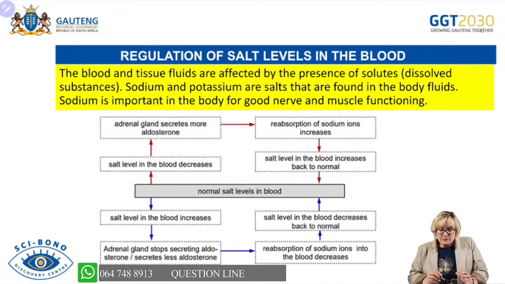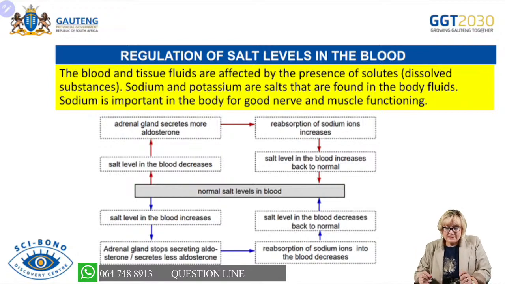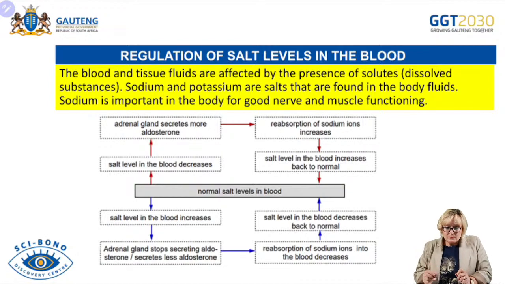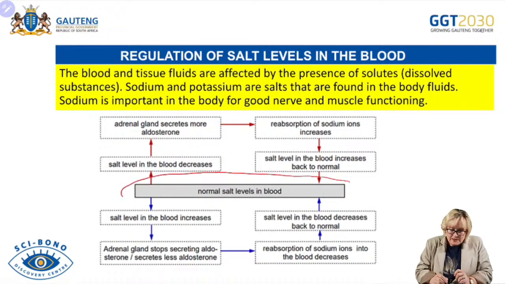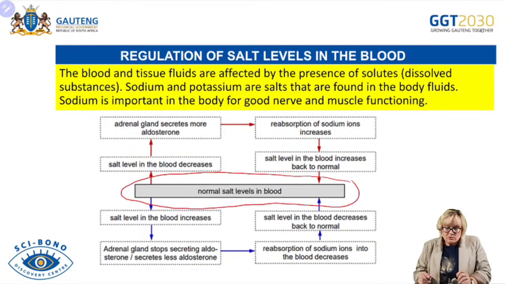Here we have a summary basically of everything that is happening. So what do we want to have? We want to maintain normal salt levels in the blood. So if the salt levels increase, what will happen? The adrenal gland stops secreting aldosterone or secretes less, and then reabsorption of the sodium ions will be decreased, so the salt level will go back to normal.